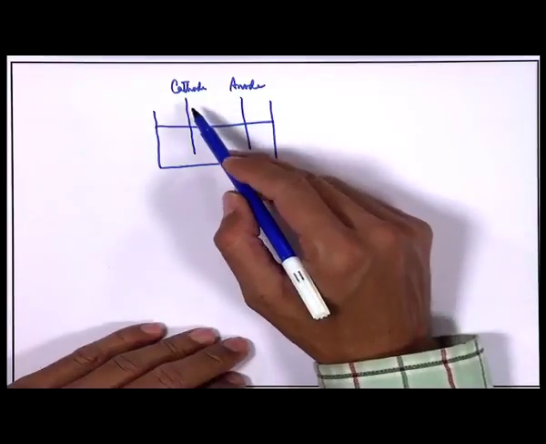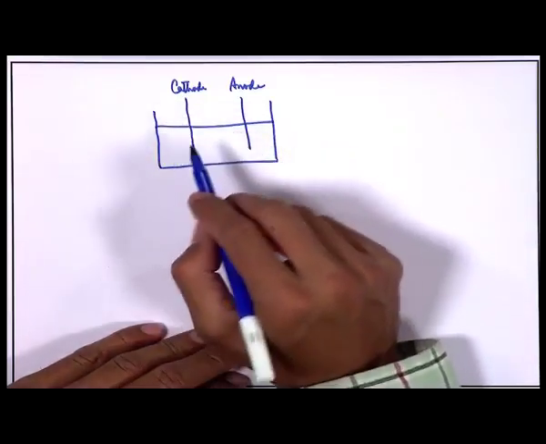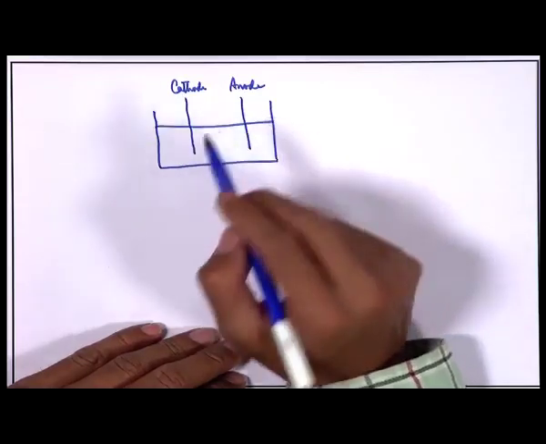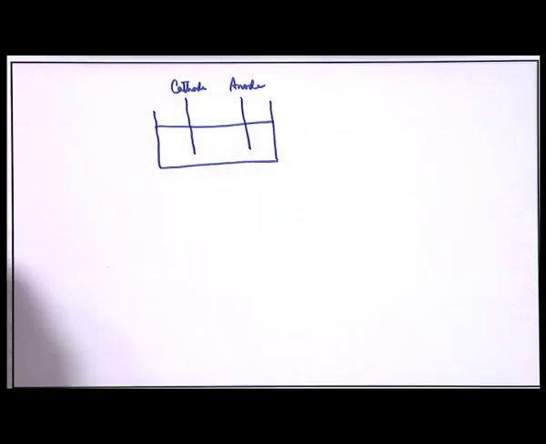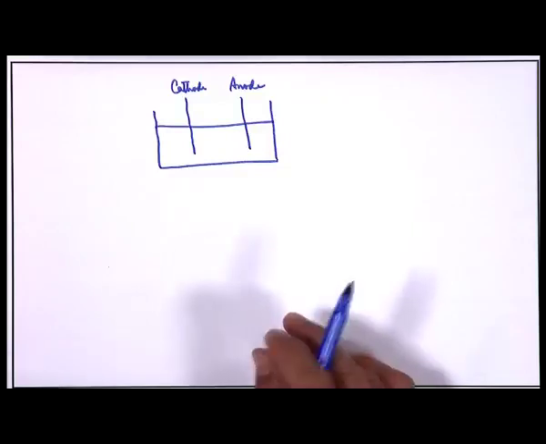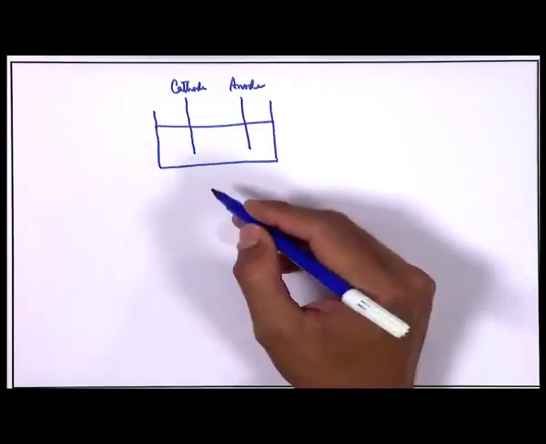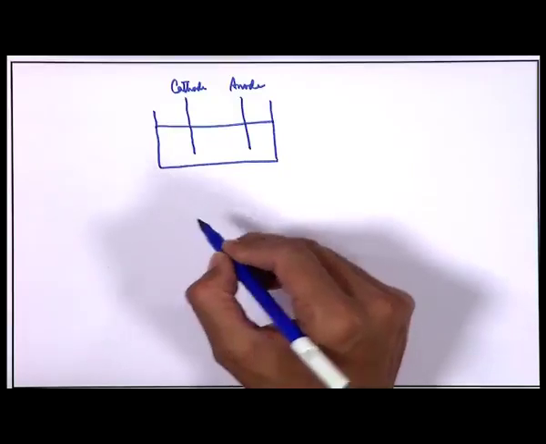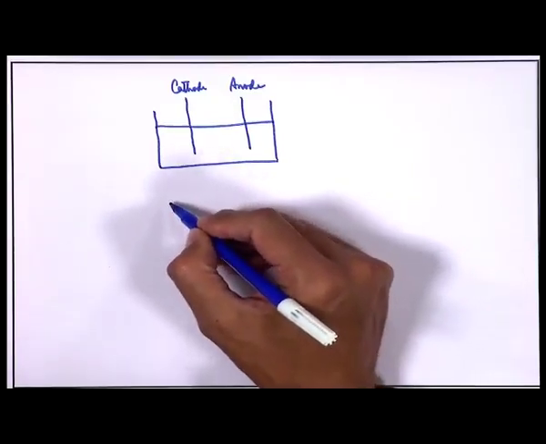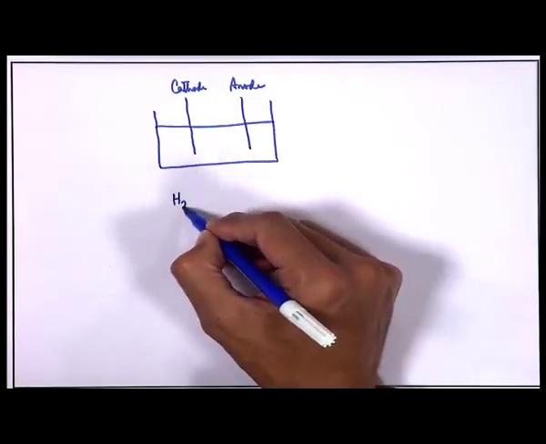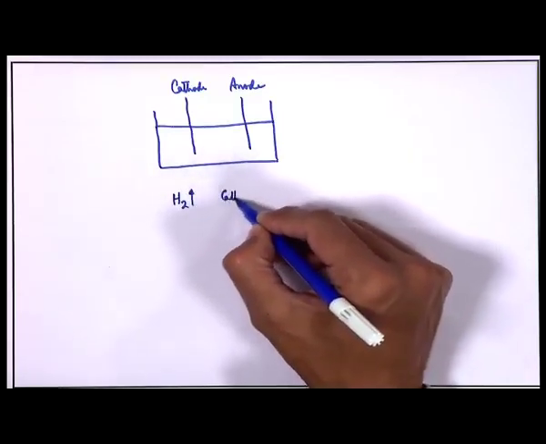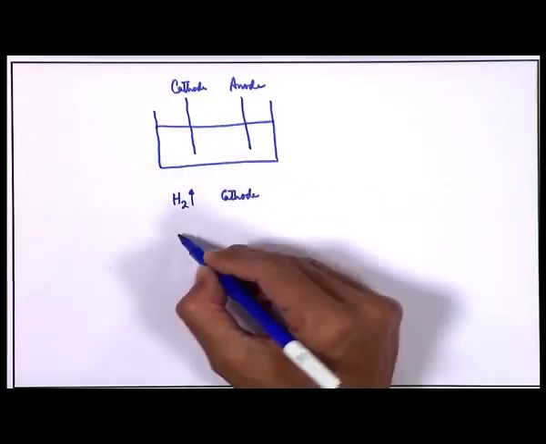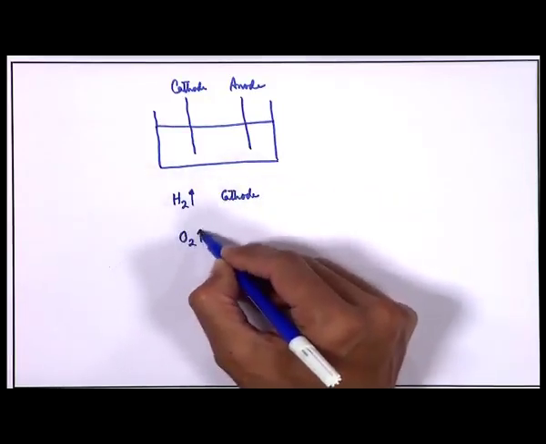You will have complementary redox processes taking place at the two electrodes, one your cathode, another your anode. Basically you have production of hydrogen gas at the cathode and production of oxygen gas at the anode.